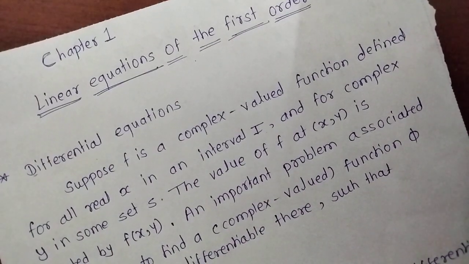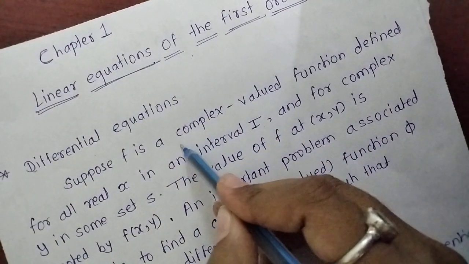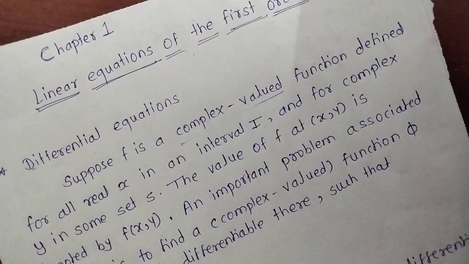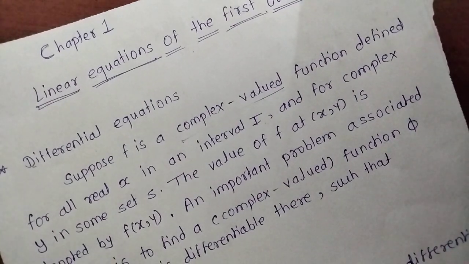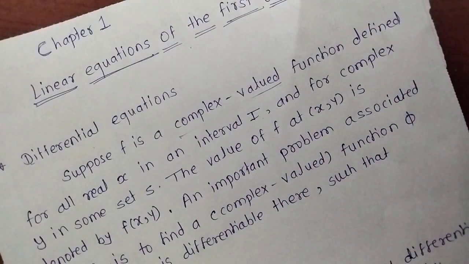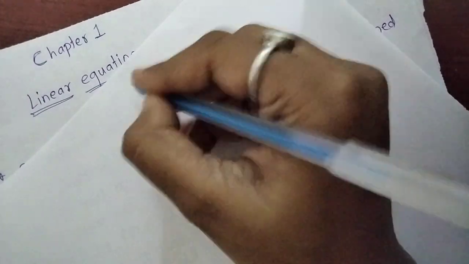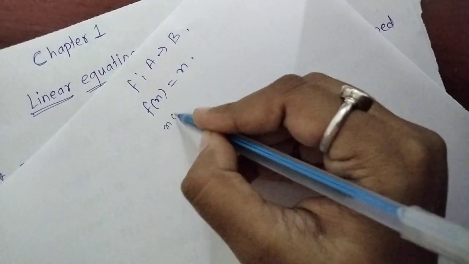First of all, we have to know what is a complex valued function. Complex valued function means domain and codomain contain complex numbers. That means if you have f of x is equal to x, and f maps A to B, then x also belongs to complex numbers.